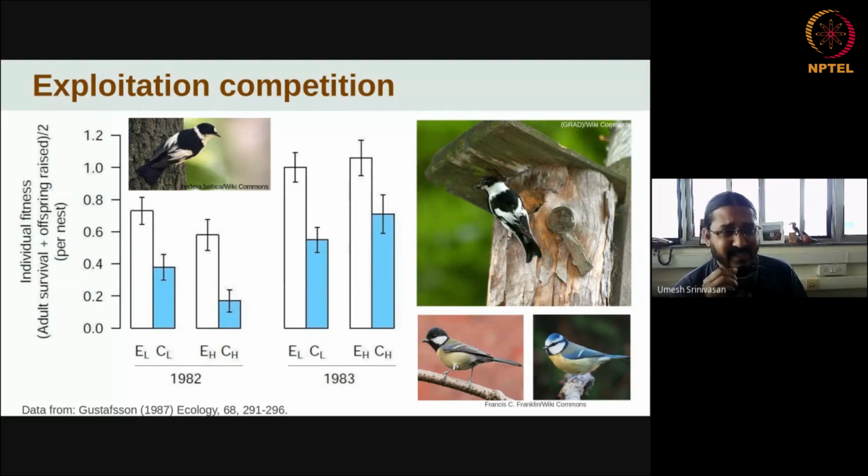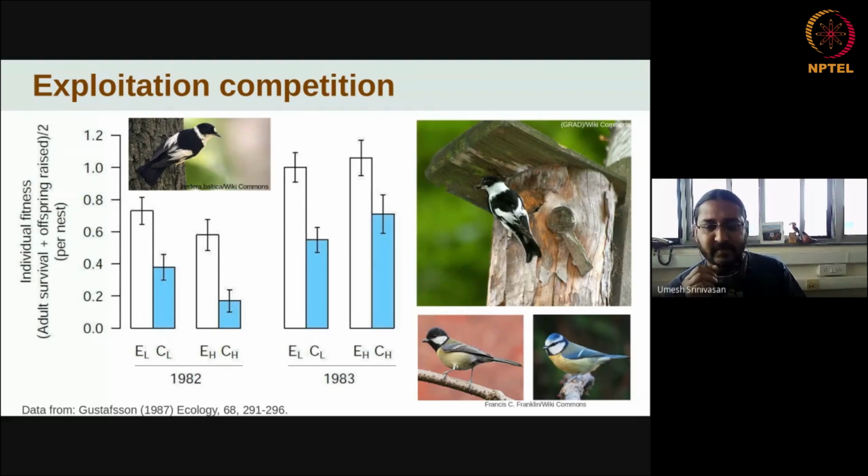So you can see that the patterns in both these years are identical. The qualitative patterns between 1982 and 1983 are identical. The reason why 1983 has slightly higher fitness than 1982 could be because 1983 in general was a better year for resources, and there were more resources available than in 1982. So there is year-to-year variability in the availability of resources.